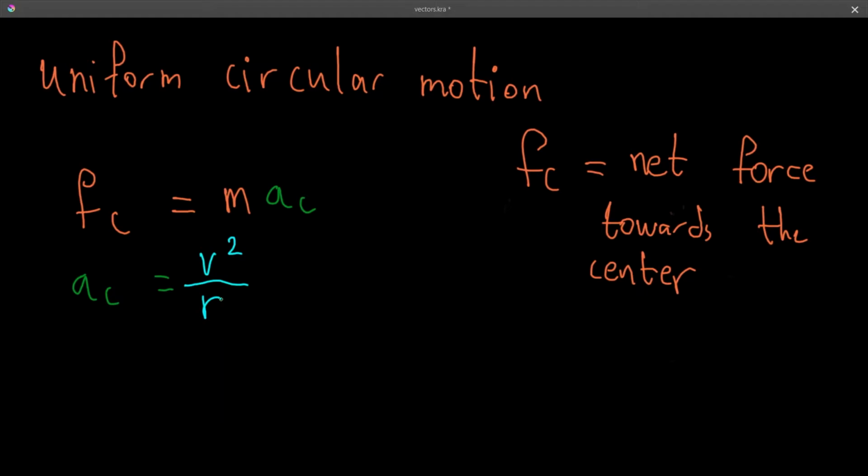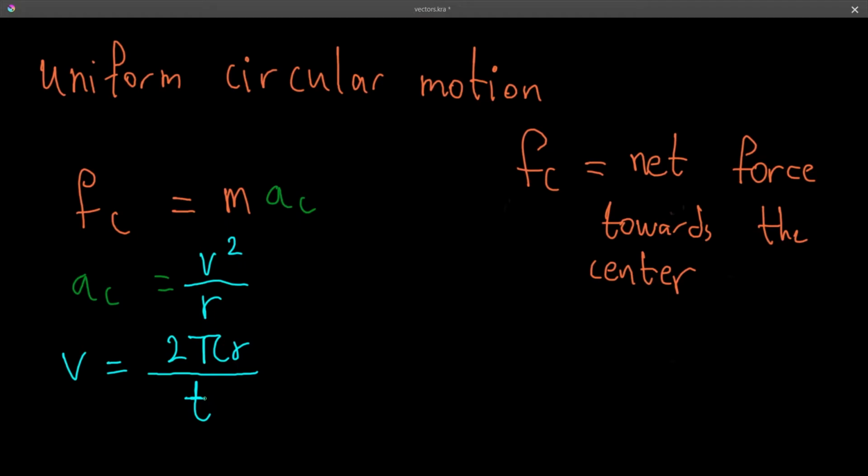Another way that you can find velocity is velocity equals distance over time. What's the distance that something covers in a circle? It'll be the circumference of the circle, which is 2 pi r. And then what's the time? The time is just going to be the period, for it to make one revolution.